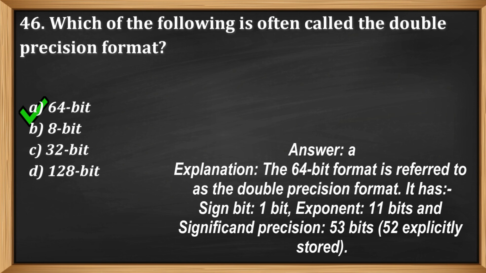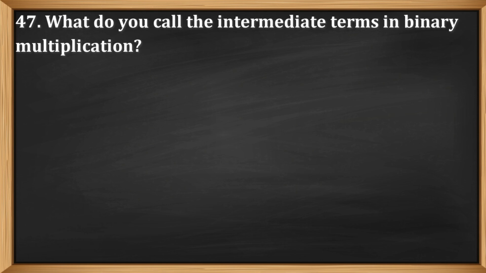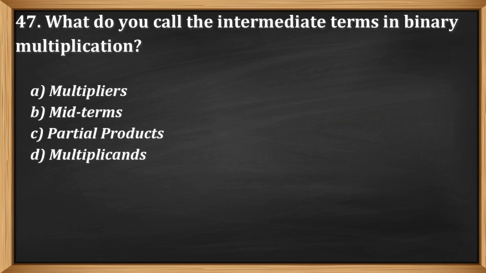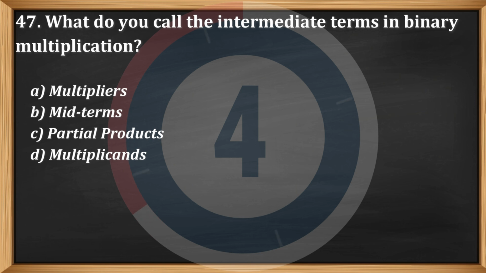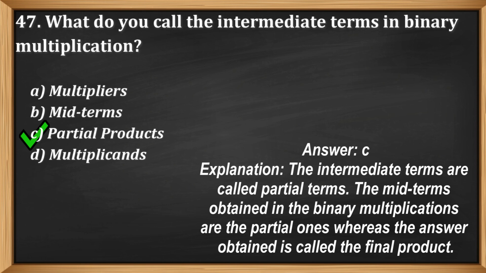Which of the following is often called the double precision format? Option A, 64 bit. What do you call the intermediate terms in binary multiplication? Option C, partial products.